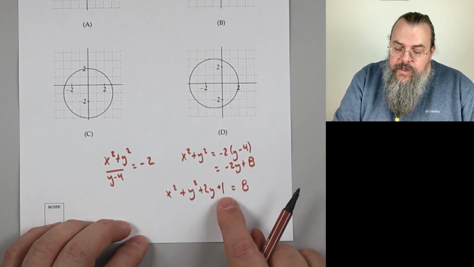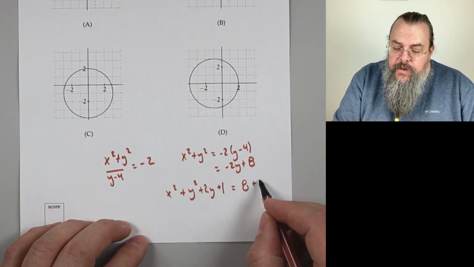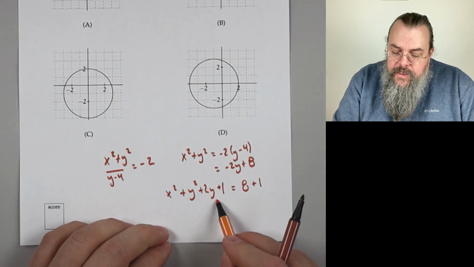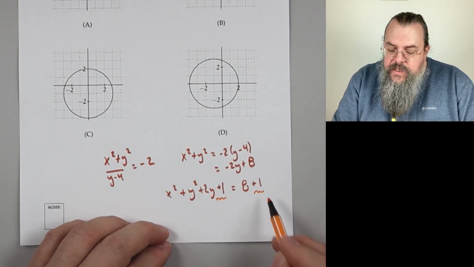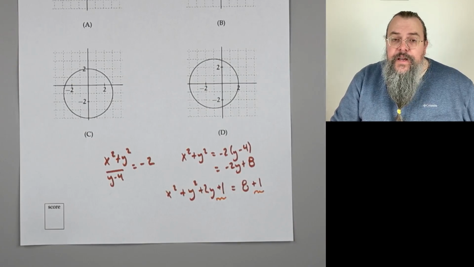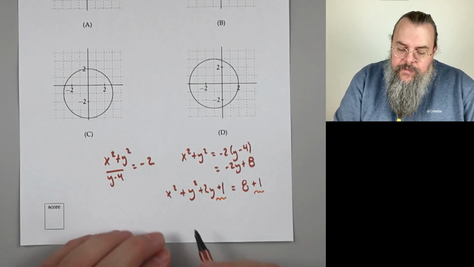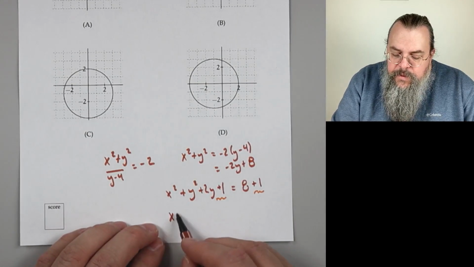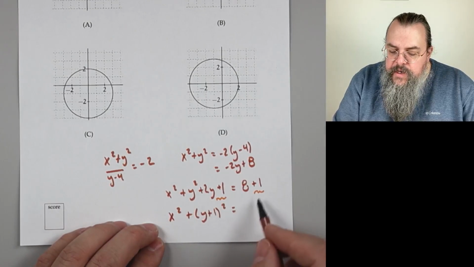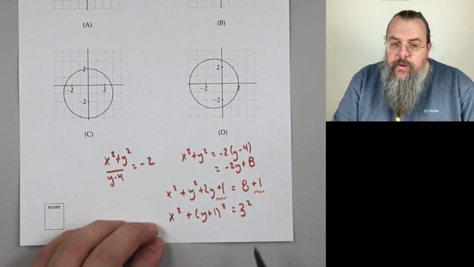But I can't just add 1 here, so I'm going to add 1 there. All right, so we are adding 1 to both sides so that our net result is we still are where we started. Now we have x squared plus y plus 1 squared equals 9, and 9 is 3 squared.